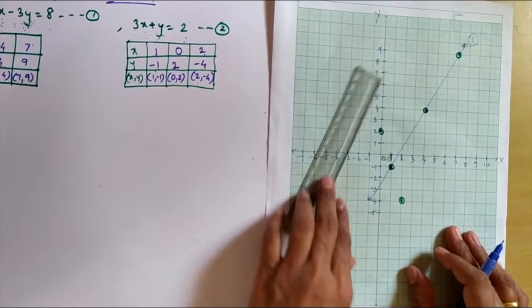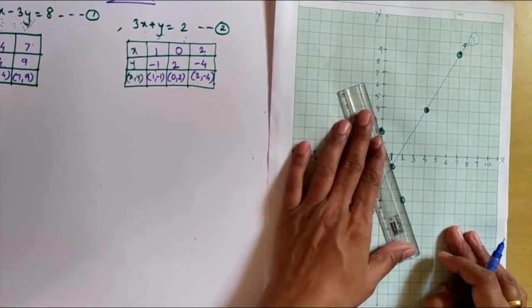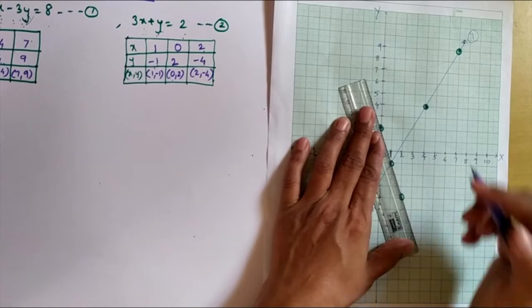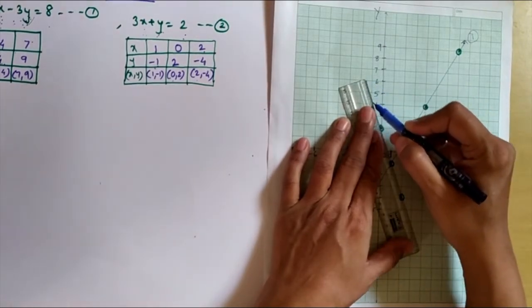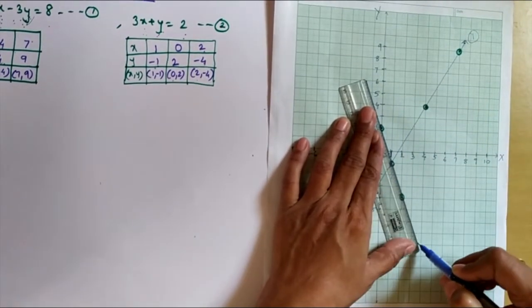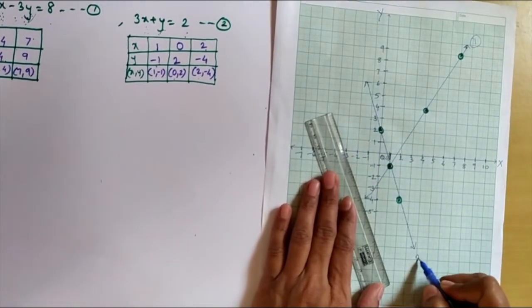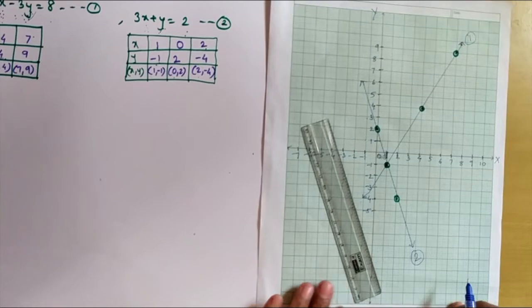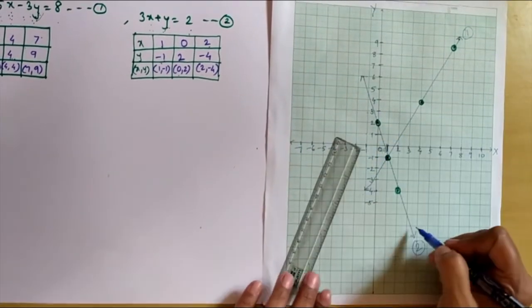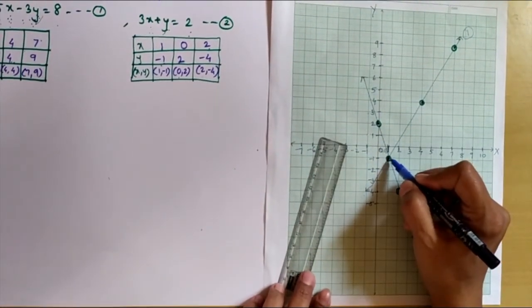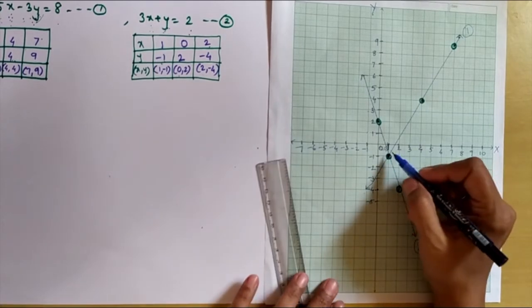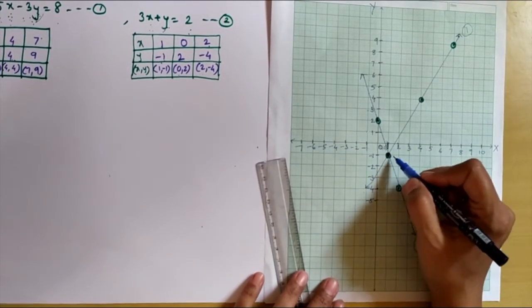Second equation, the line comes out to be this. Again here it is passing through all 3 points and the line should be a straight one. This is the line for second equation. Where 2 lines intersect, they intersect here at this point. That is x is 1 and y is minus 1.